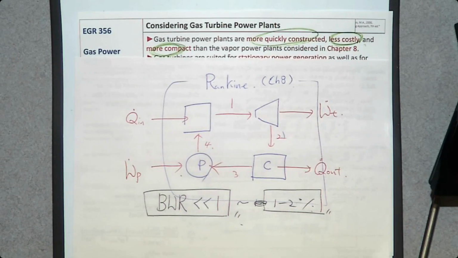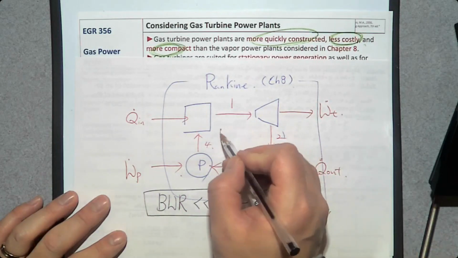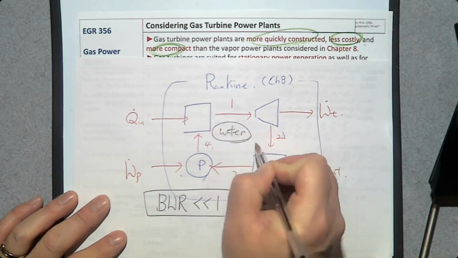So about 99% of the turbine power that you produce can be used to produce electricity. But one disadvantage of this Rankine cycle is that the working fluid is water.